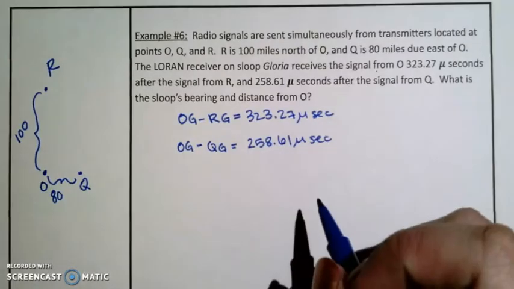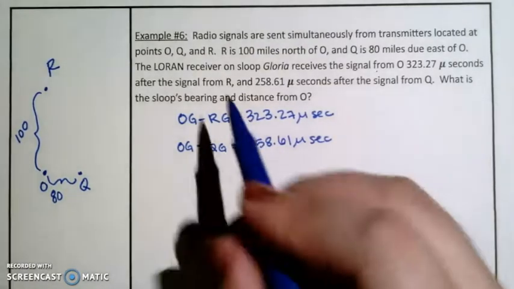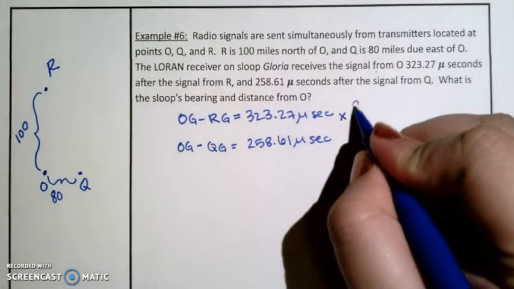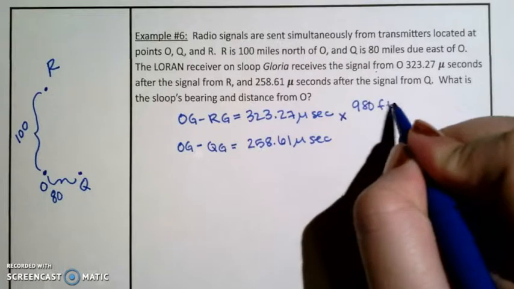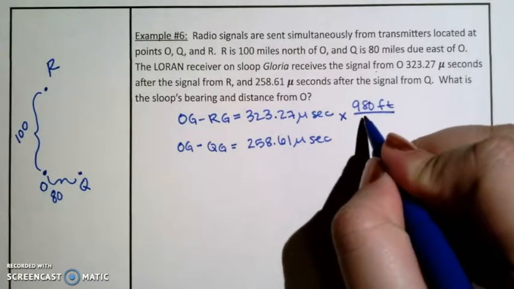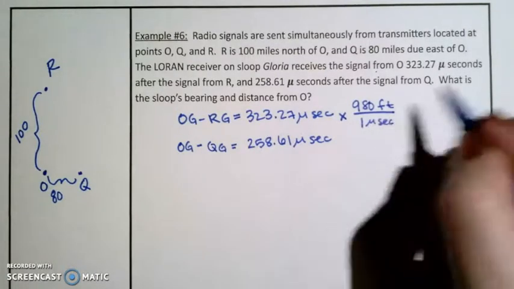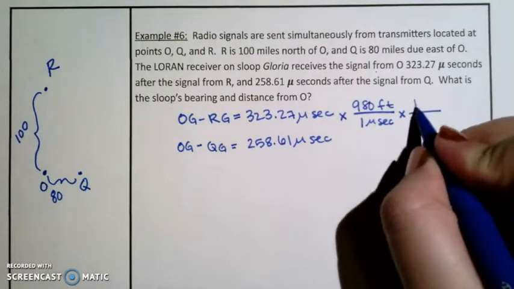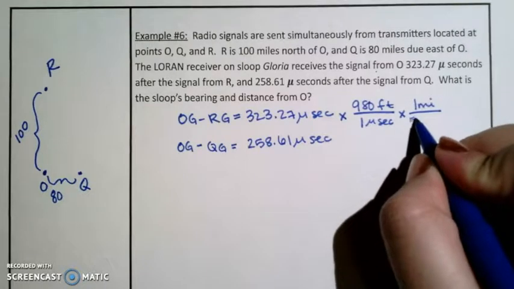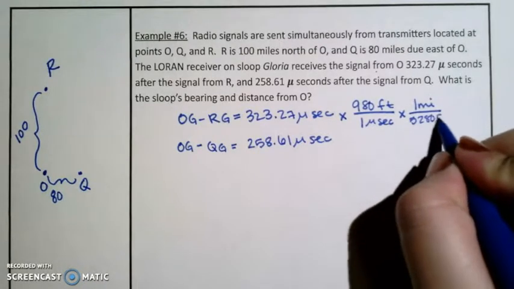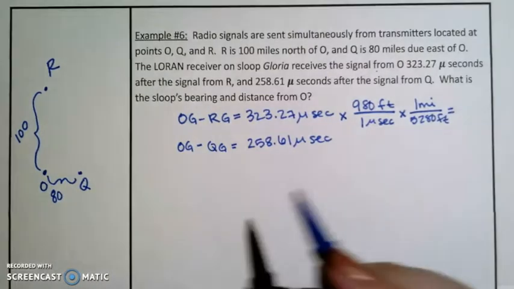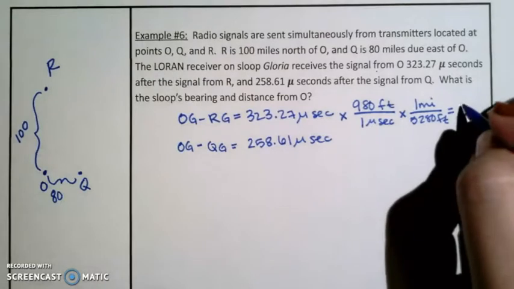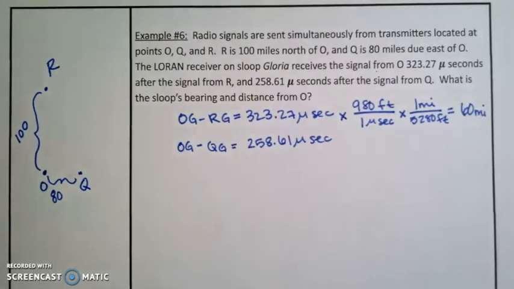A couple of things that you need for this problem: the Loran system conversion is 980 feet per 1 microsecond. And if you'll recall, the conversion from feet to miles is 1 mile to 5,280 feet. If we run this conversion, we will find that the distance here is 60 miles.